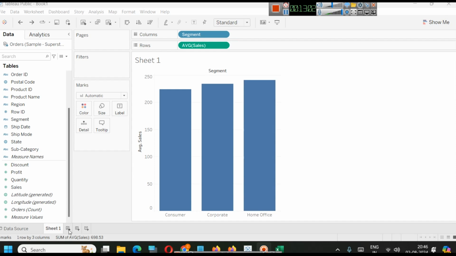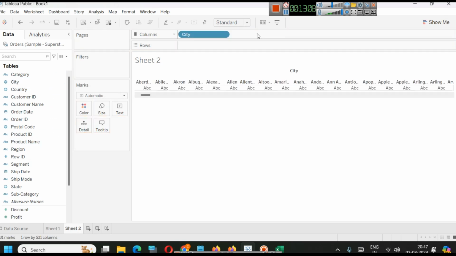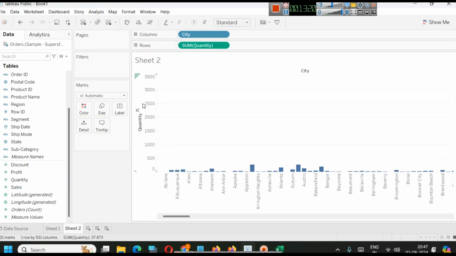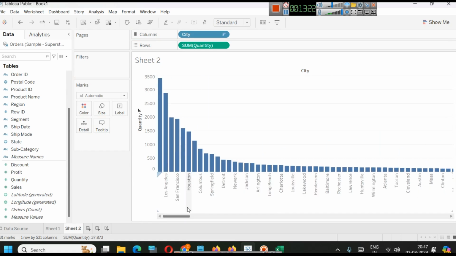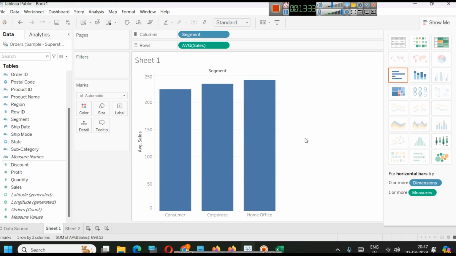If you use this combination, you take one nominal variable, it can be city also, because city names are a finite number here, and then suppose you take another continuous variable, which is quantity. You will see it is a bar graph. In those cases when we create a bar graph, we can also create a pie chart.